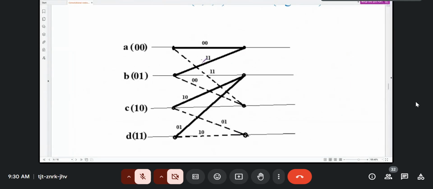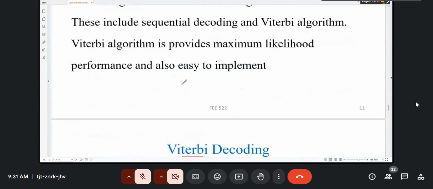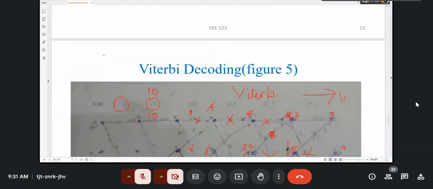So any output coming from a state should follow within this. You are comparing what it should be and what it is. So here we have 1, but if it was a 0, this would have been 0, 0. So the branch metric is 2 because the distance is 2. If you add the branch metric of here, that becomes the path metric. The path up to here is 4.